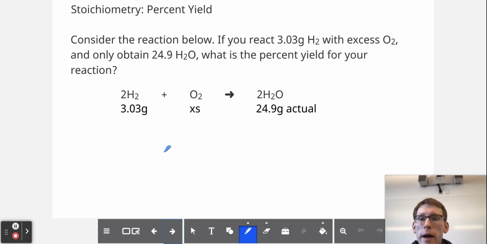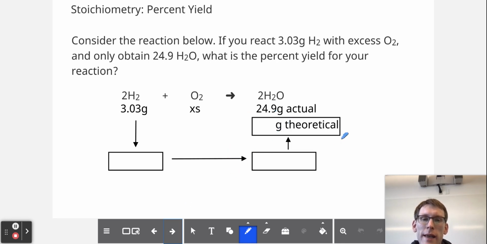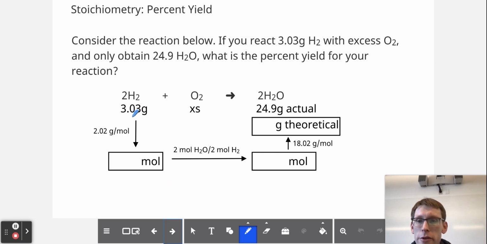So I've started my mapping here. I know that I've got the 24.9 grams of actual yield, but what I want to do is calculate the theoretical yield so that I can compare the actual and theoretical and get a percent out of it. So what I'll do next is put in all my conversion factors. I know first I need to go from my 3.03 grams of hydrogen to moles.